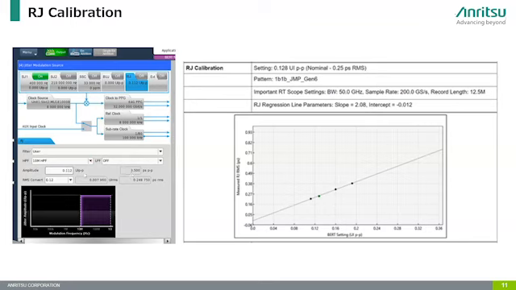This BERT has a function to convert, for example, this one, 0.112 UI peak to peak. It is converted to 0.248 picosecond, that is 250 femtosecond RMS.